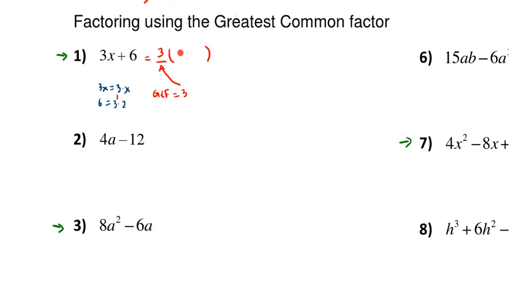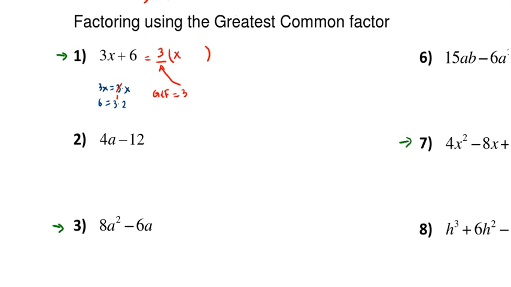Well, I need an x because that's the only way to get 3x. 3 times x would give us 3x. Or you could think about the other way that I said before. If I take the 3 from here, what do I have left? If I take the 3 from 3x, I'm left with an x, and that x is what goes here.